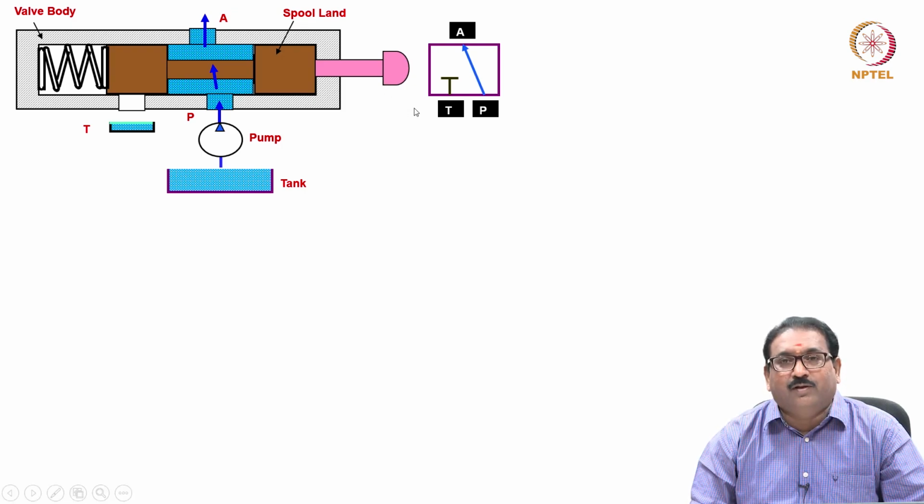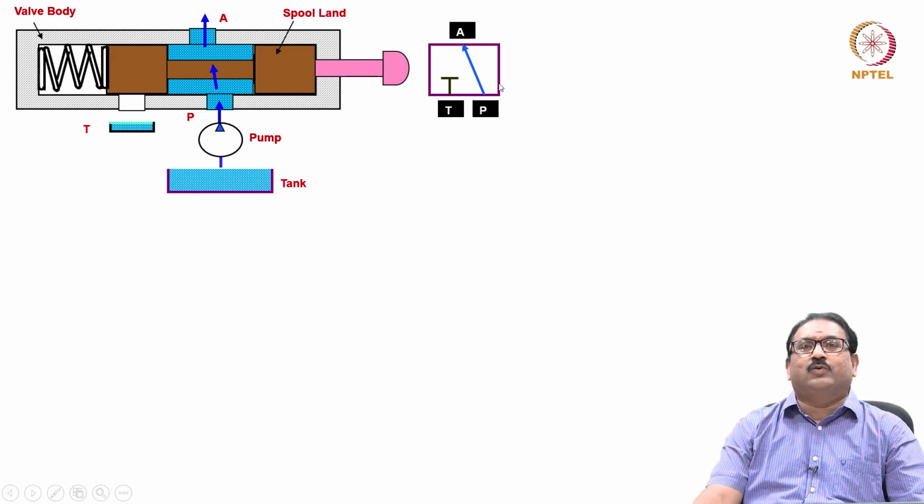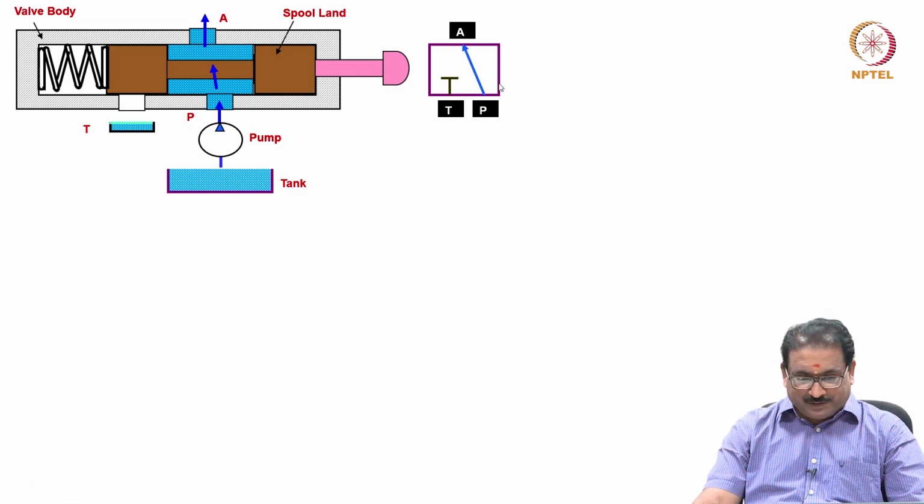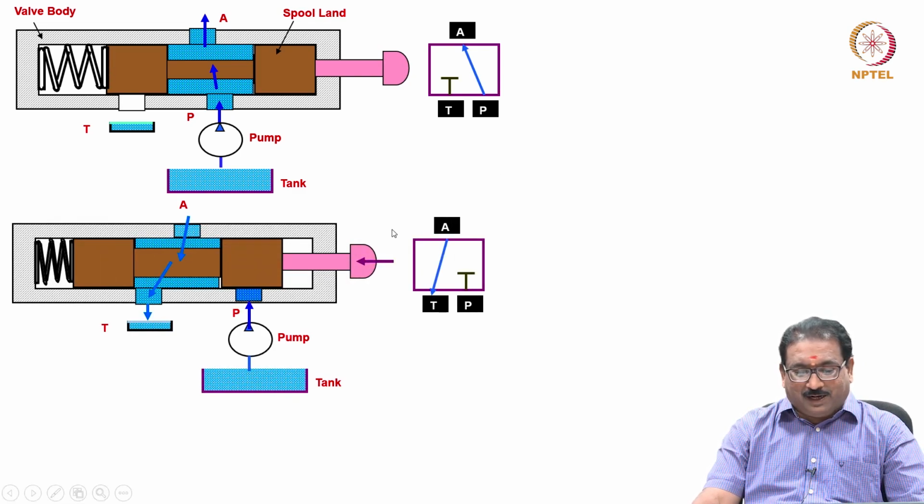Here you will see now, normally open means P is connecting to A. Normally closed means A is connecting to T and P is blocked, always with respect to the pump port. When you press this button, what happens? The spool lands will divert the flow from A to T and the pump flow is cut off.